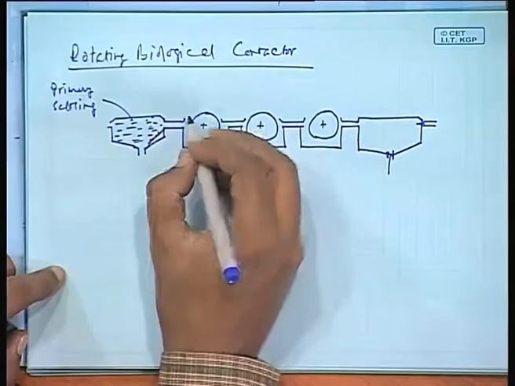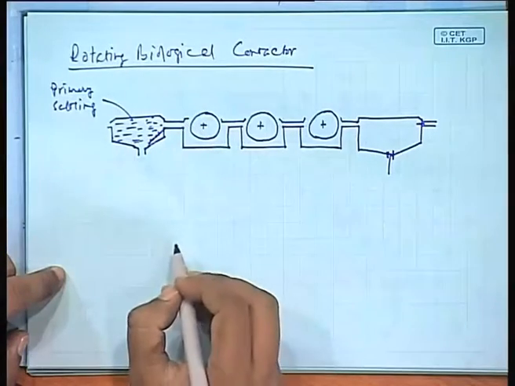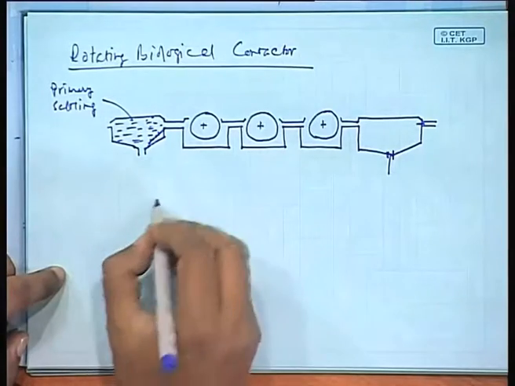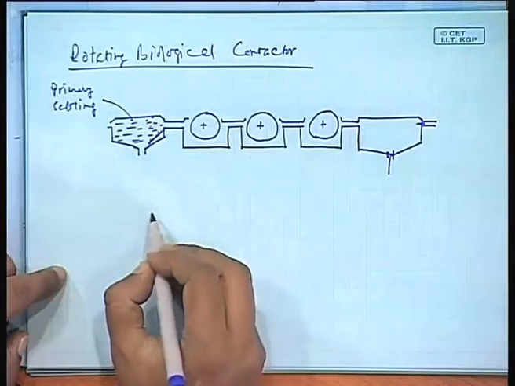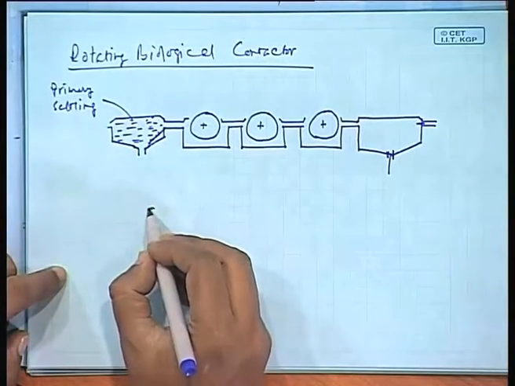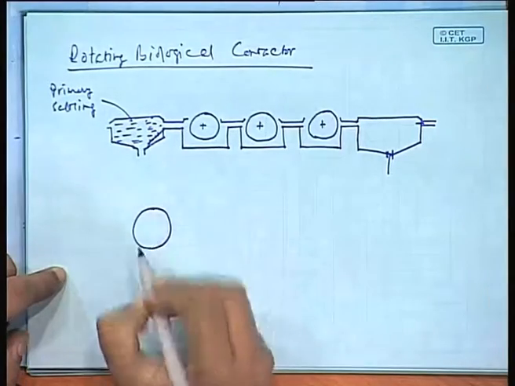This is what is a rotating biological contactor. Let me explain how it is. Basically, if you just observe it, it would be like this. These are basically rotating discs.